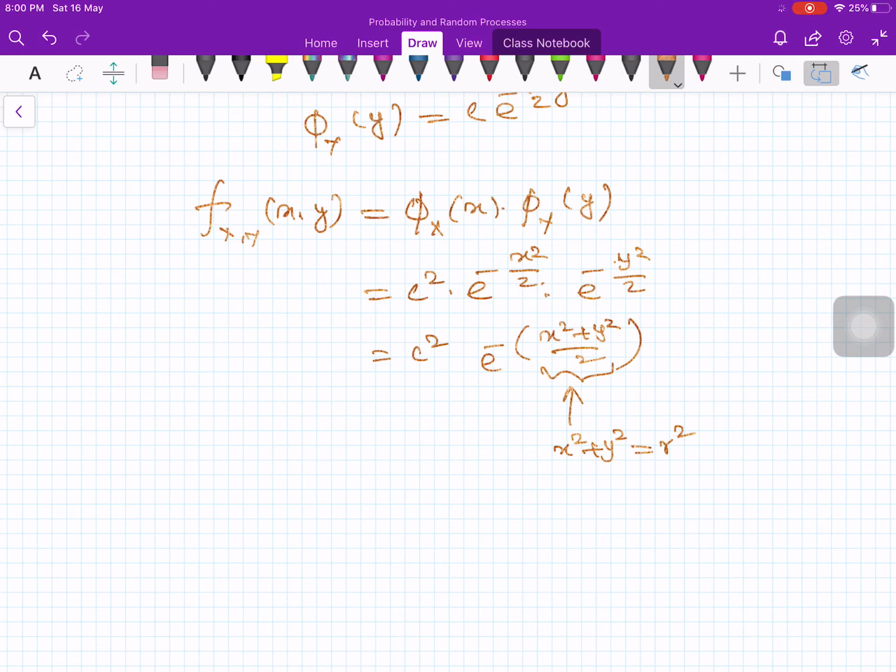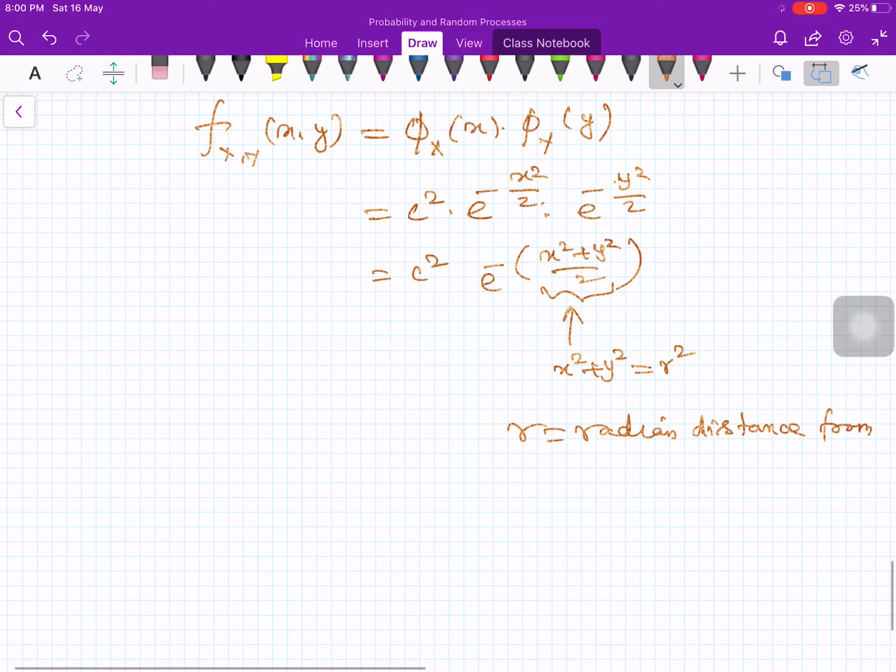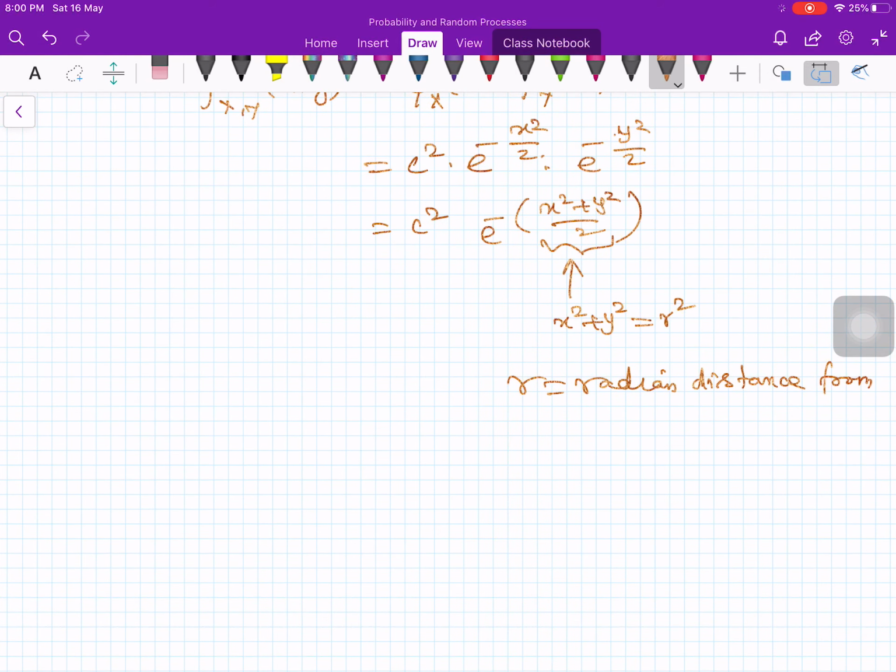Okay, so r is the radial distance from the origin of the point x comma y.